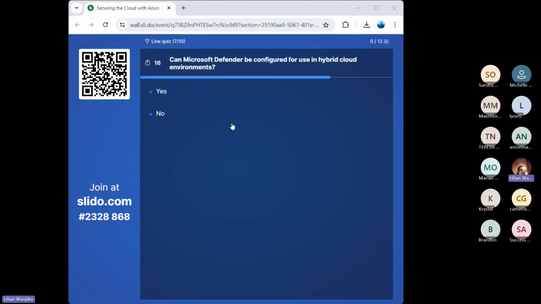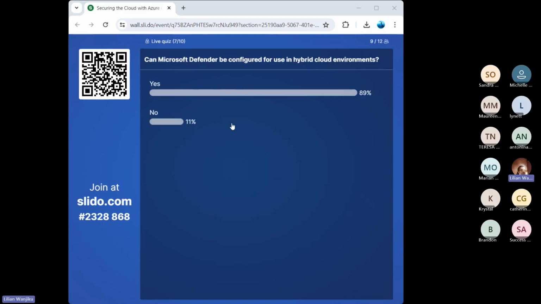Can Microsoft Defender be configured for use in hybrid cloud environments? You can select yes or no. We discussed this briefly on the slides, so you can try and remember. If you are unsure, you can try and guess.